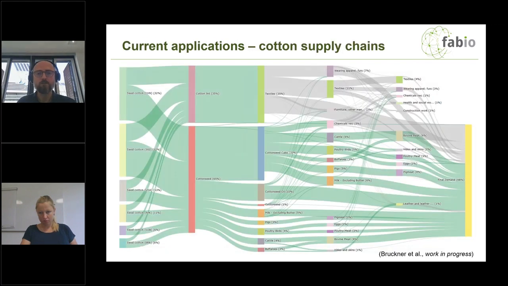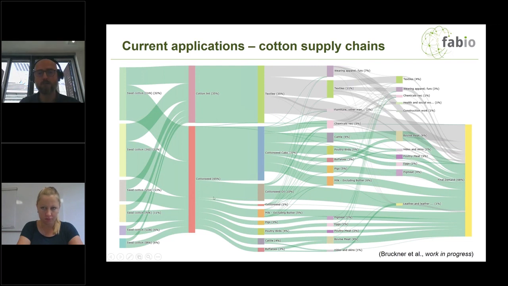Now I'd like to show you some of our current applications. We are working on an analysis of international cotton supply chains and the embodied water stress. You see that, which was surprising for us, only 1/3 of the cotton harvest is cotton lint and 2/3 are the cotton seed.